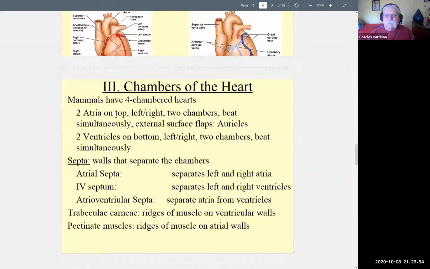Okay, the atria, when I say they beat simultaneously, the atria receive blood. The right atrium receives blood from the vena cava. It also receives blood from the coronary sinus, which is the return of blood that has circulated the heart surface, and it goes around the back and drops into the right atrium.